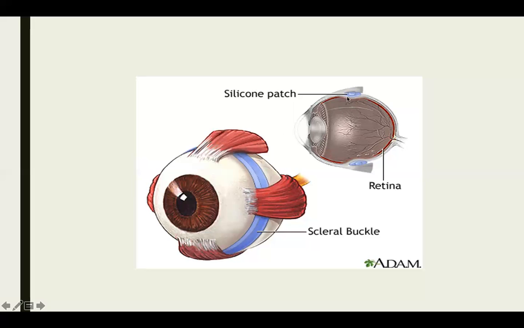What is the benefit of the external procedure? A single procedure is performed, and the patient's own vitreous remains within the vitreous cavity. In pars plana vitrectomy, we inject silicone oil or gas into the vitreous cavity, because the vitreous needs to be removed before we can treat the retinal detachment or retinal break.